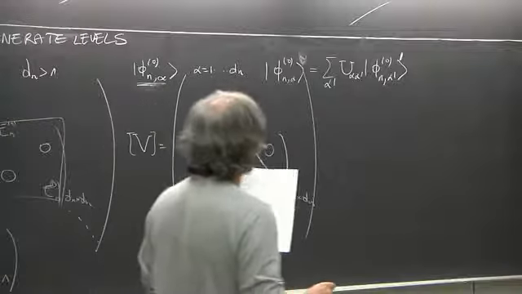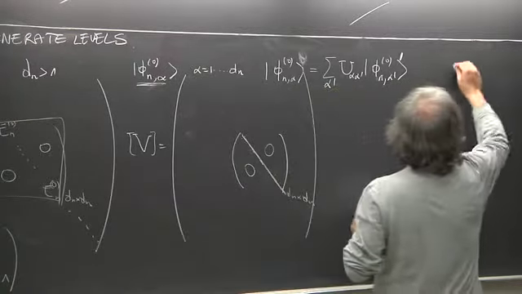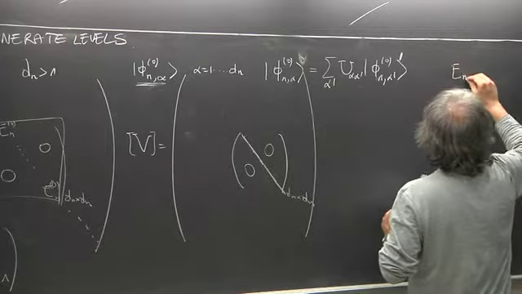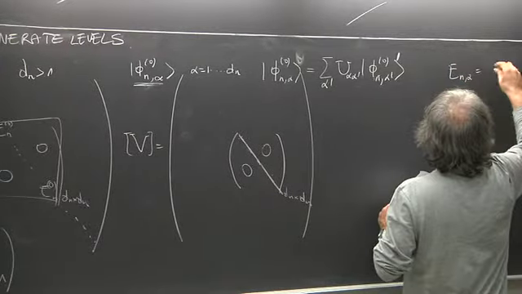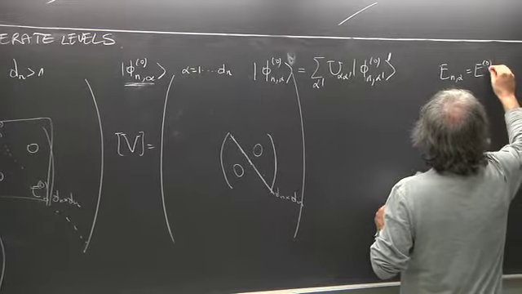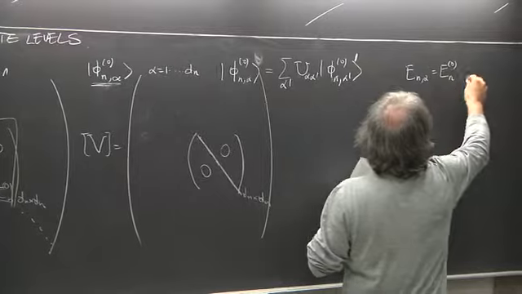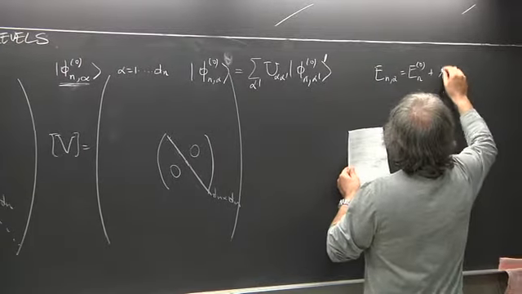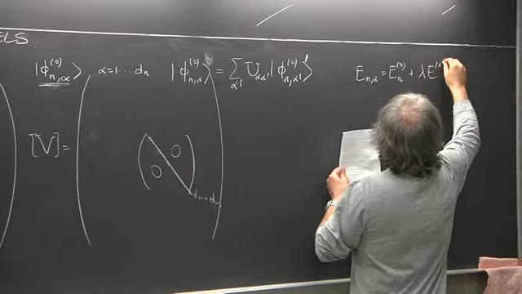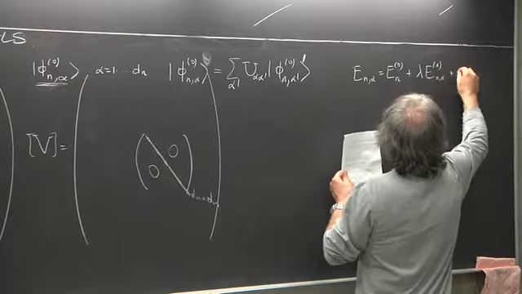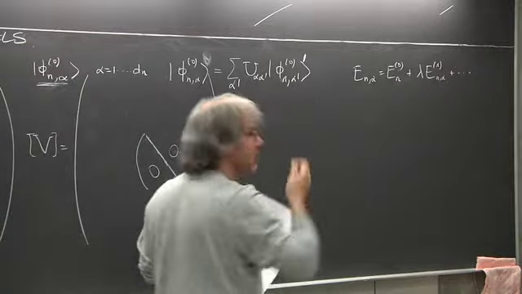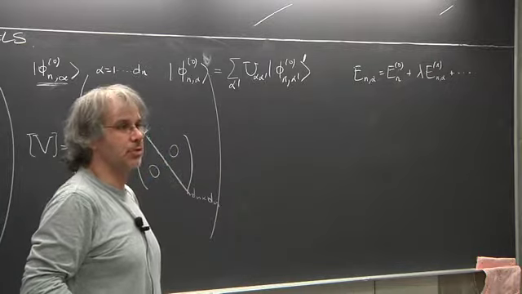Now, I would like to have an expansion, for instance, for the eigenvalues, which is of this form: E0n plus some lambda E1nα plus, okay? This is the usual expansion we wrote the first time.